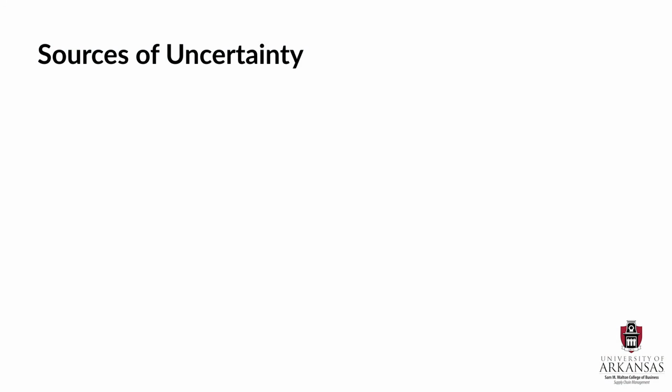Uncertainty essentially arises from two key sources. First, there is demand uncertainty. Simply put, we just don't know exactly what customer demand will be in the future. But we may know what demand tends to be on average. We will call this average demand D bar.